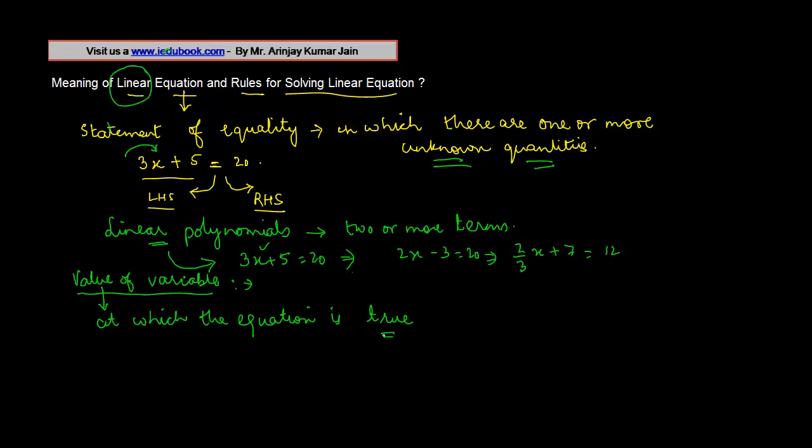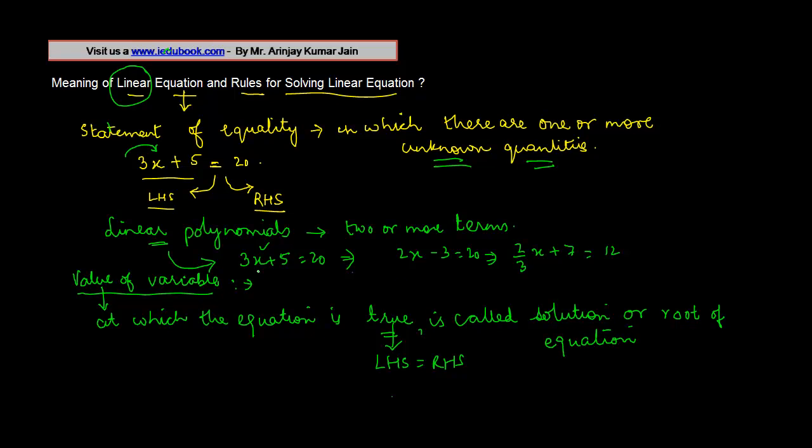What does this mean? Equation is true, which means in which case the left hand side is equal to the right hand side, is called solution or root of equation.